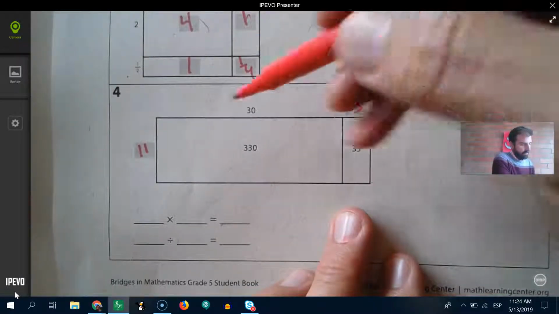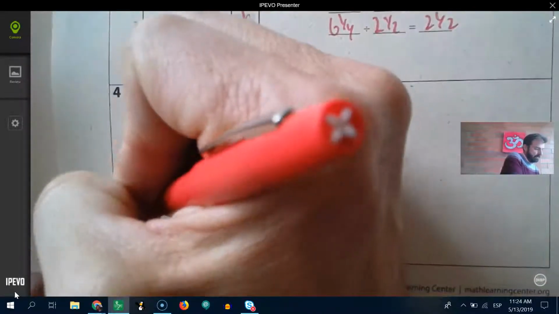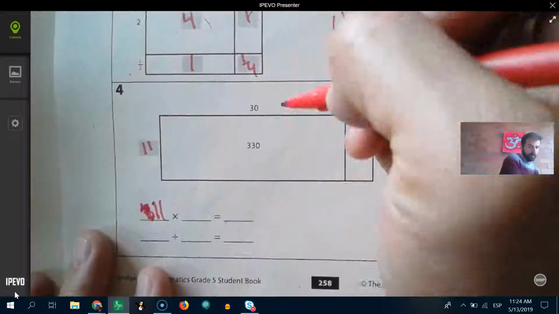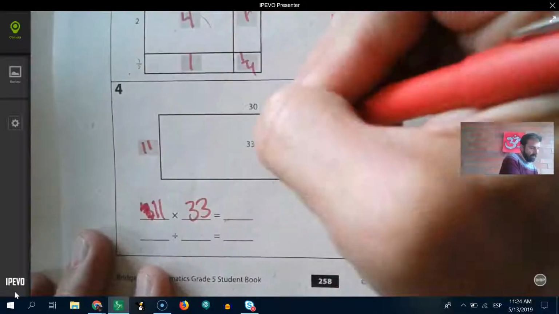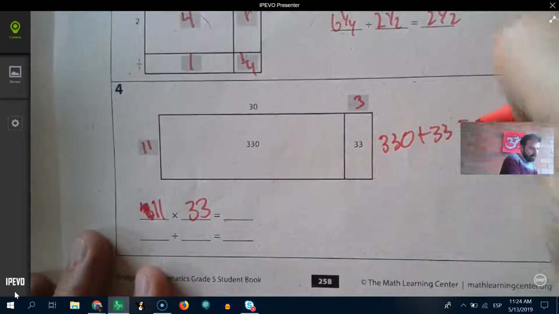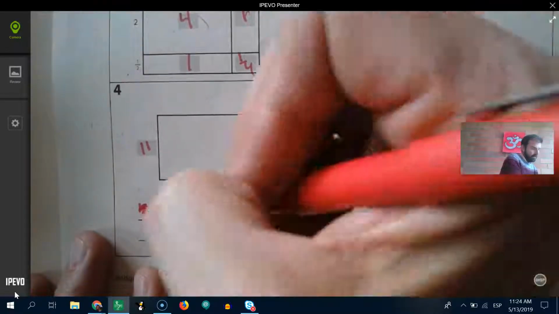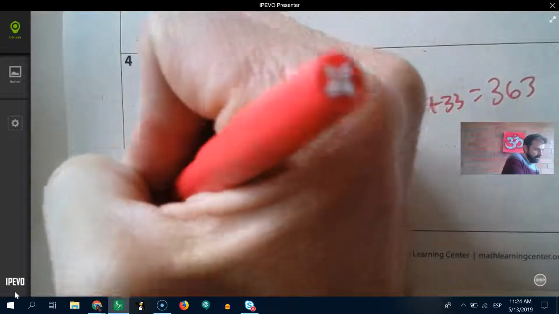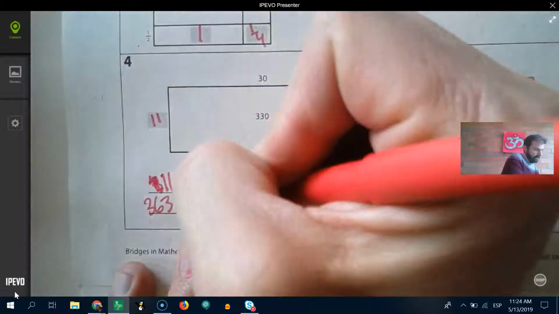So now I have 33 by 11. Oops, I went against my pattern there. 11 by 33, and that's going to equal 330 plus 33, 363, and then we can say 363 divided by 11 equals 33.